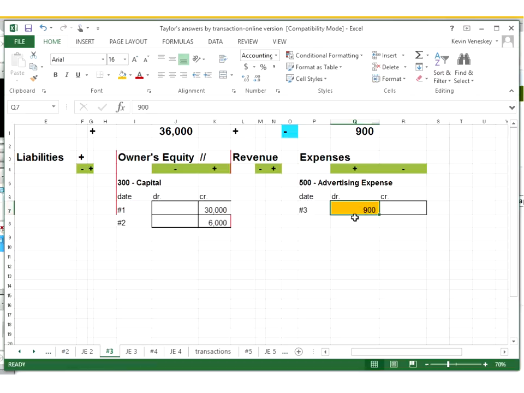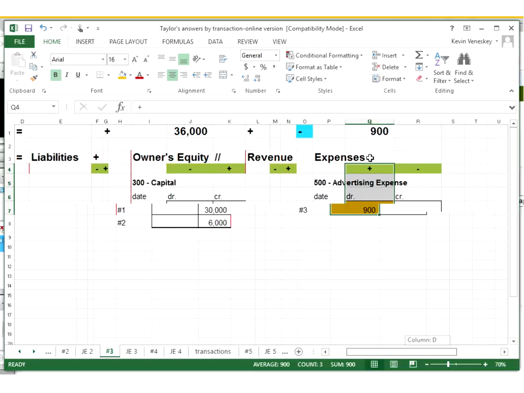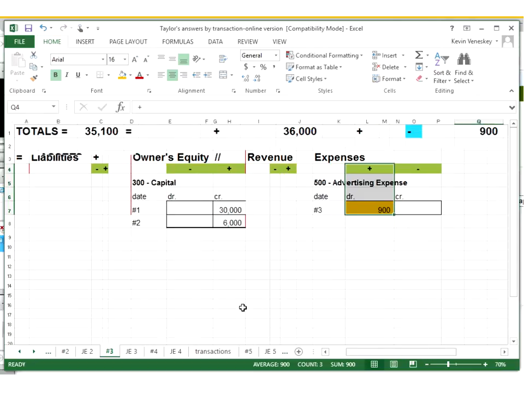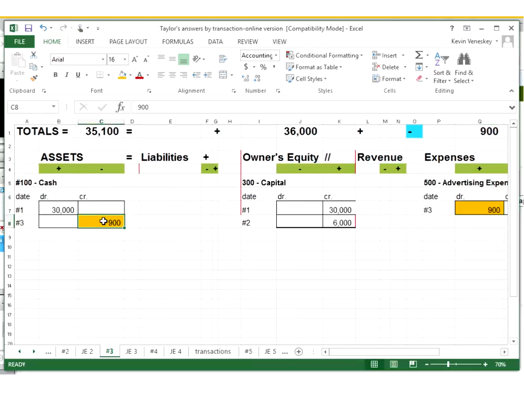I wouldn't necessarily have to spend, but what this is saying is I got the benefit of $900 value. But I actually did spend the money. So we ask ourselves, what did I have to do to get this advertising? I had to write a check and pay cash. So for transaction number 3, I had a debit to my expenses and a credit to my cash account because I actually paid money.